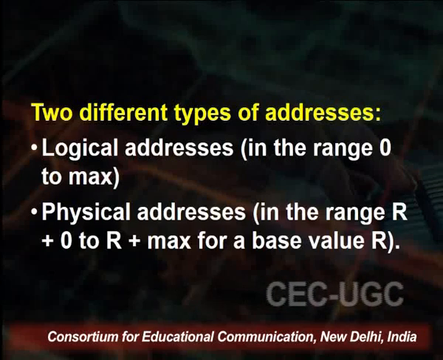I will be covering that shortly. Then we have a physical address in the range of r plus 0 to r plus max, where r is the base value stored inside that register.